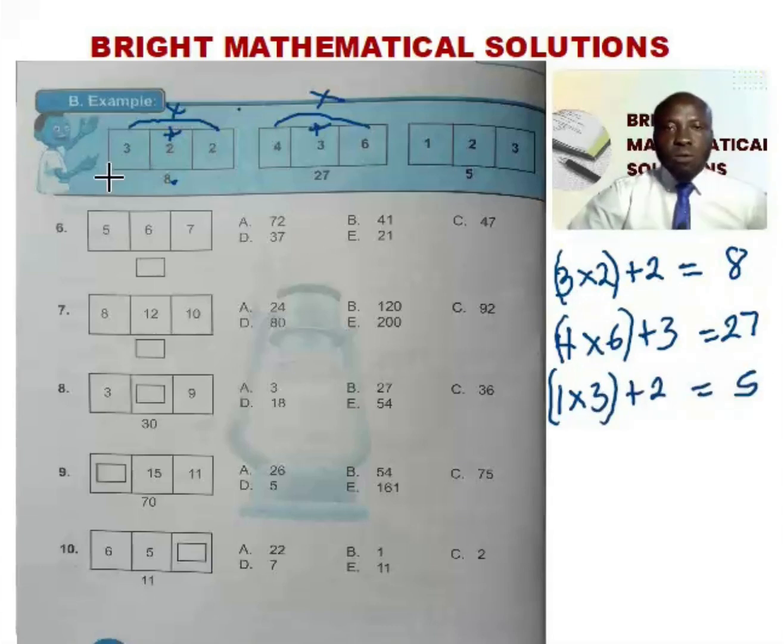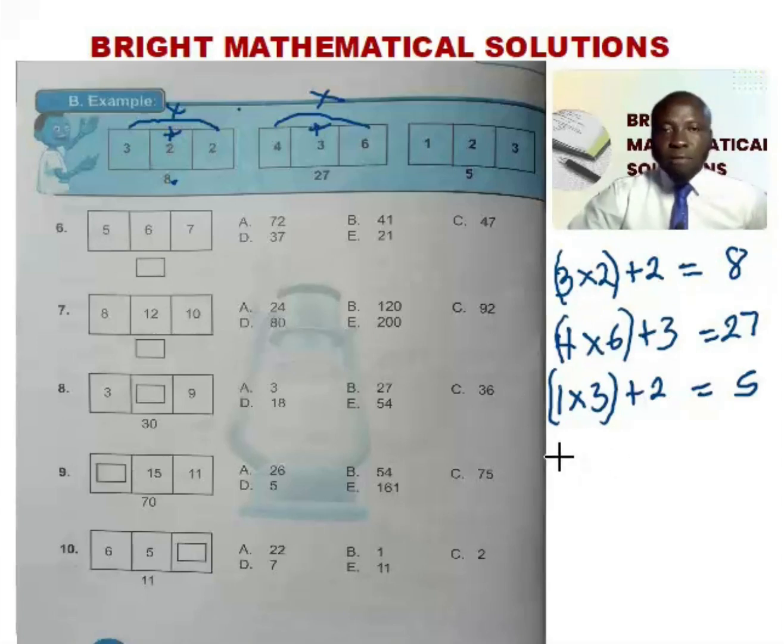So, if we are not given any of these, we can just use this equation to solve for any that is missing. Now let us dive into the exercise. We have 5, 6, and 7.